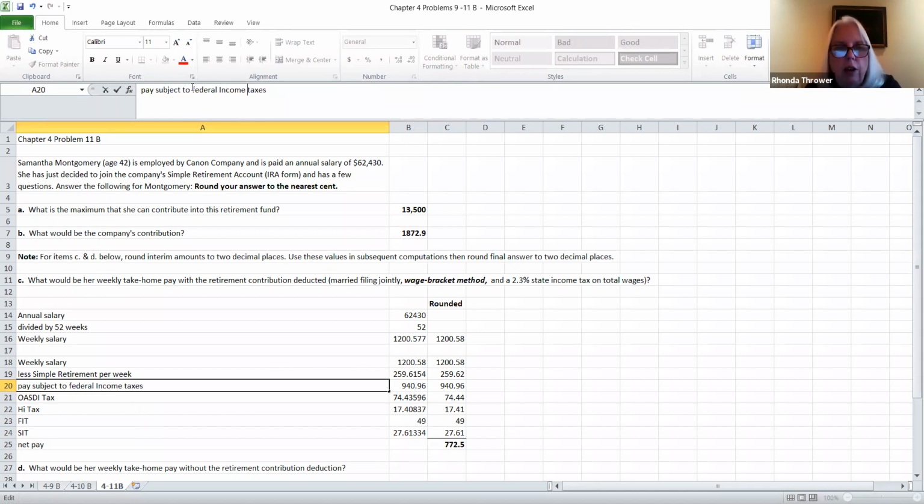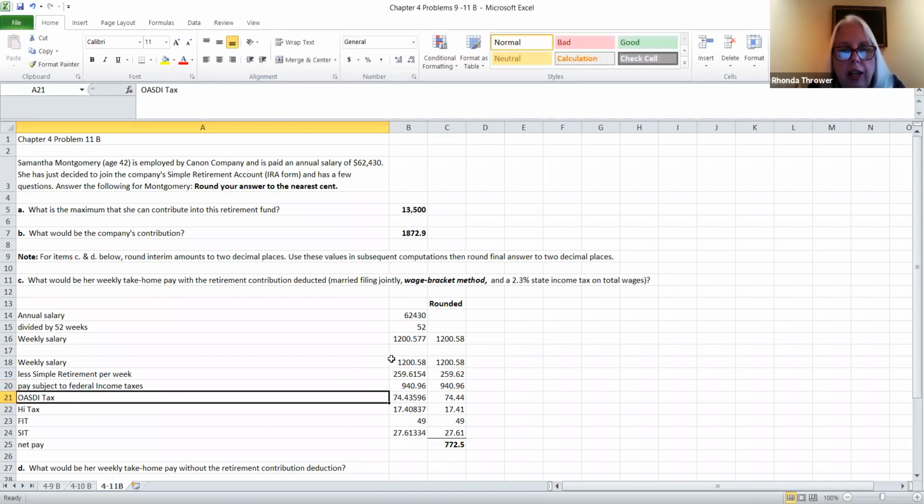The reason I should have put it like that is because my OASDI tax you have to calculate based on the regular salary. Only for the federal income tax are you going to deduct the retirement portion from your weekly salary to get the pay that is subject to federal income taxes.